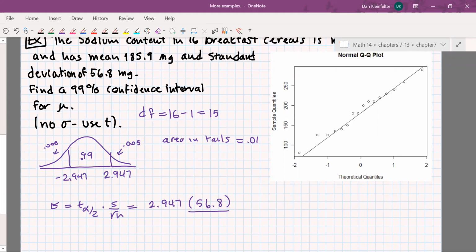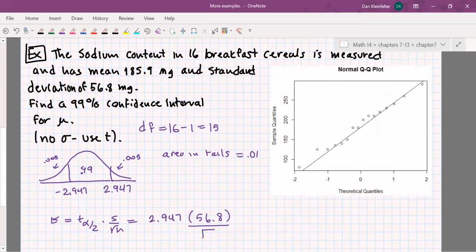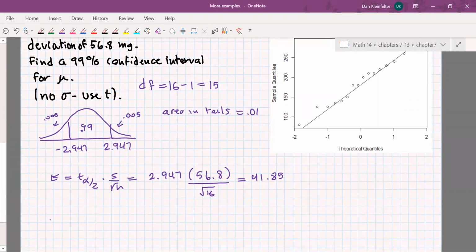And then our sample size was 16. So we'll calculate that. So that's 41.85. Okay, the mean was 185.9.